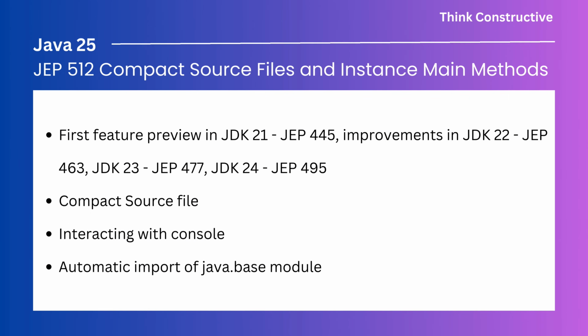Alright. So the first one in Java 25 is compact source files and instance main methods. This feature was first previewed in JDK 21 as JEP 445. JEP is JDK Enhancement Proposal. JEP 512 is the final feature ID, whereas it was first a preview feature in JDK 21 with JEP 445, and in subsequent JDK versions there were improvements.